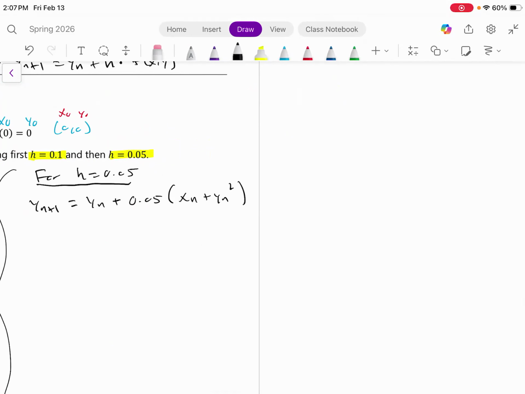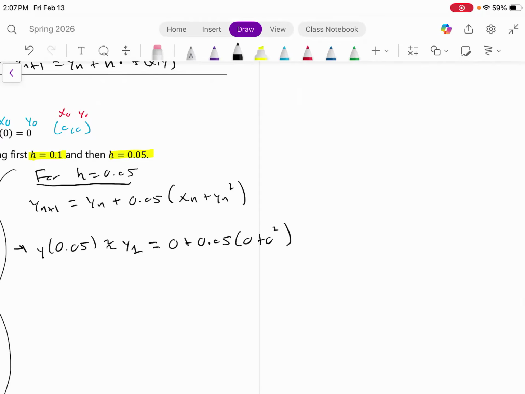So to get our next approximation, we need to go up a step size. So our first one is going to be adding the step size to 0, which gives 0.05, and y is approximately y sub 1, and that's going to be 0 plus 0.05 times 0 plus 0 squared.